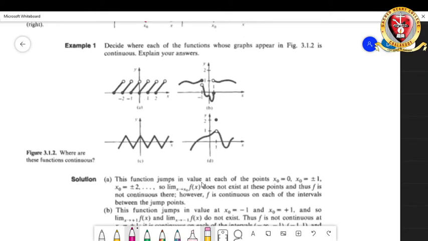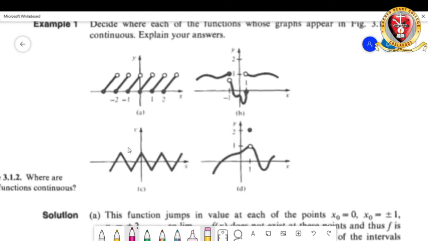So this function jumps at each of the points x naught equal to 0, x naught equal to plus or minus 1, x naught equal to plus or minus 2, and so on. So the limit as x tends to x naught of f of x does not exist at these points. Why? Let us see how we will understand it.